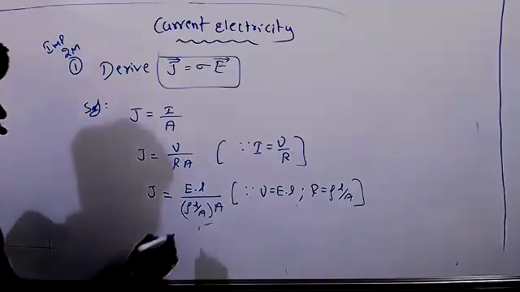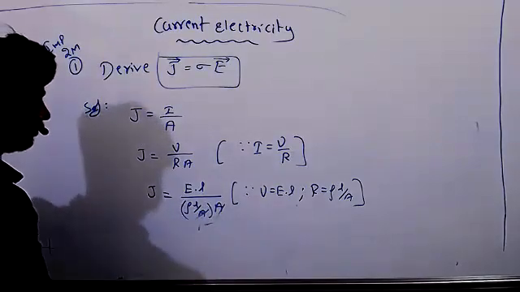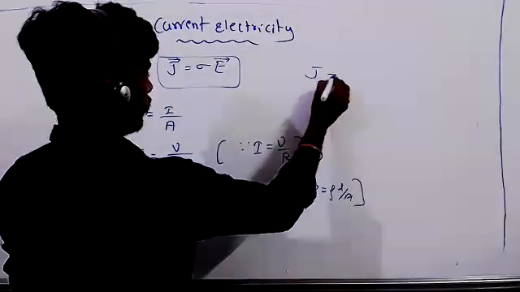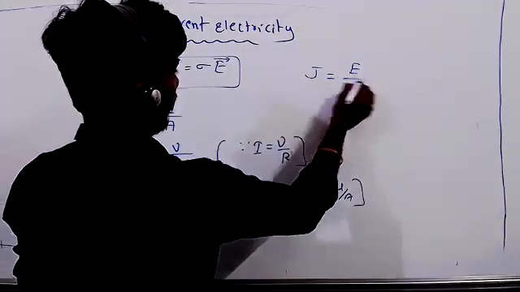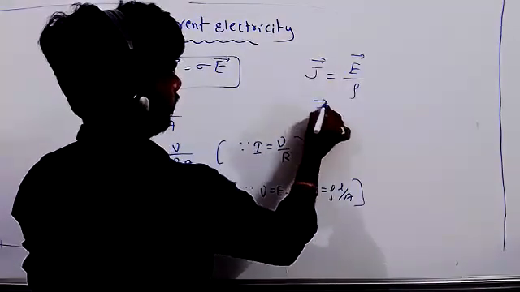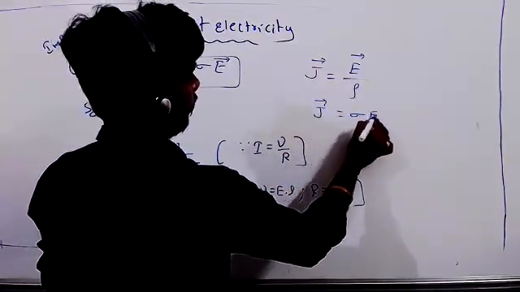Then A, L cancel, J equal to E by rho. J bar equal to sigma E bar.